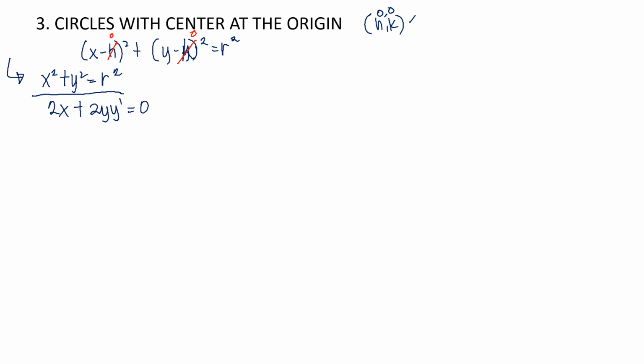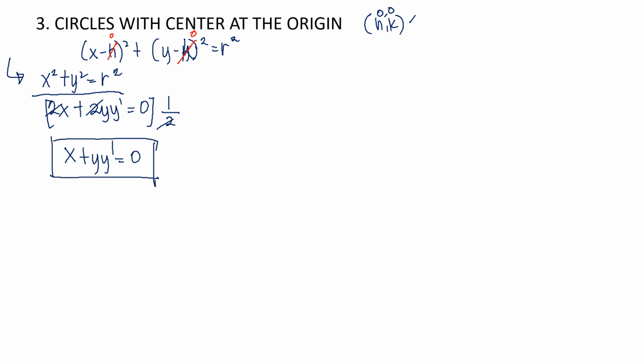Okay. So, 2 is common. We can divide our whole equation by 2 or multiply by 1/2 para mawala yung ating mga 2. Therefore, our remaining will be x plus y y prime is equals to 0.